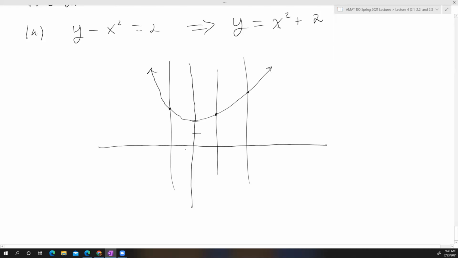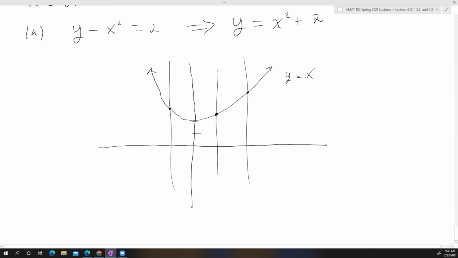So it passes the vertical line test. When you draw the curve corresponding to the equation, it passes the vertical line test, and therefore there exists a function whose graph is this curve. So this is a plot of y is equal to x squared plus 2.